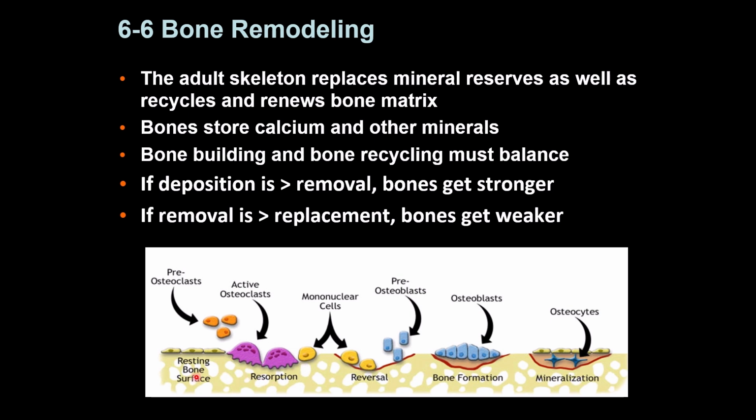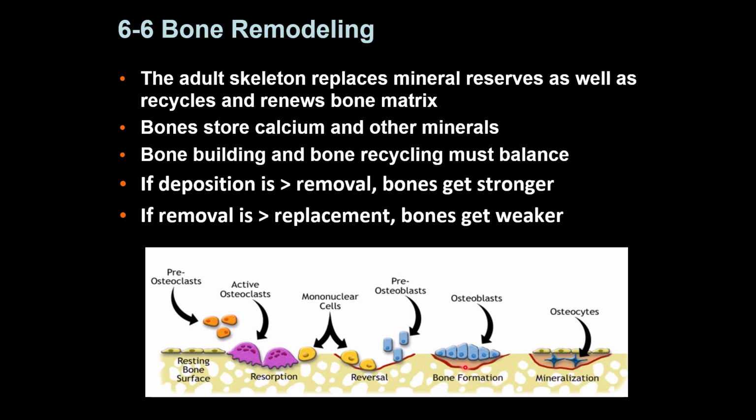So that takes about 2 to 3 weeks, and then these mononuclear cells come, and they stop the activity of osteoclast, and at the same time the pre-osteoblasts come to the area and they convert to osteoblasts. Now these osteoblasts will release bone matrix. Now the ossification happens.